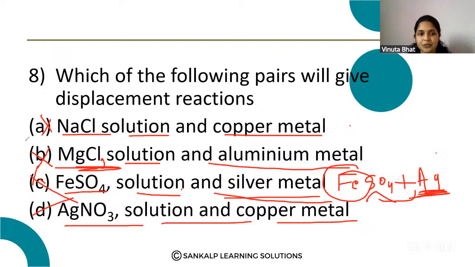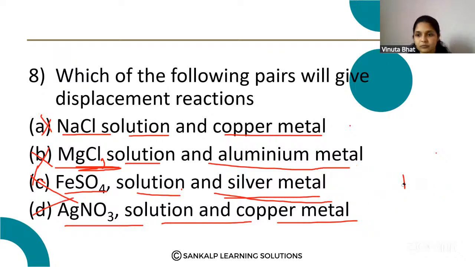Then check the last one, that is AgNO3. When AgNO3 reacts with the copper metal, copper nitrate will be formed and Ag will be displaced.